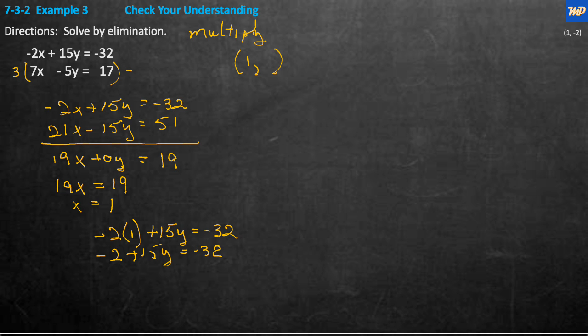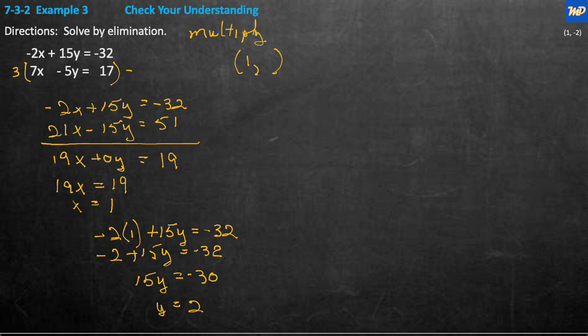And now we're going to add 2 to both sides to get rid of the 2 and get y by itself. So we're going to have 15y is equal to negative 32 plus 2, which is negative 30. And y then, dividing both sides by 15, y is equal to 2.